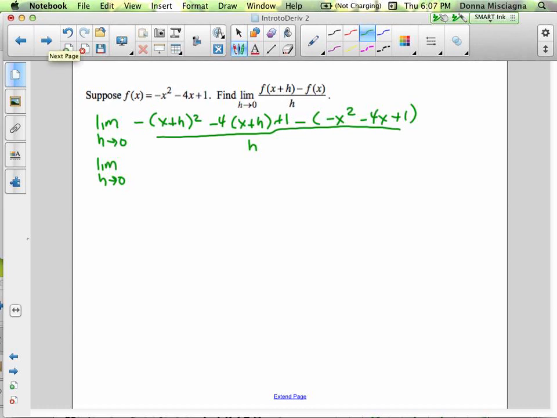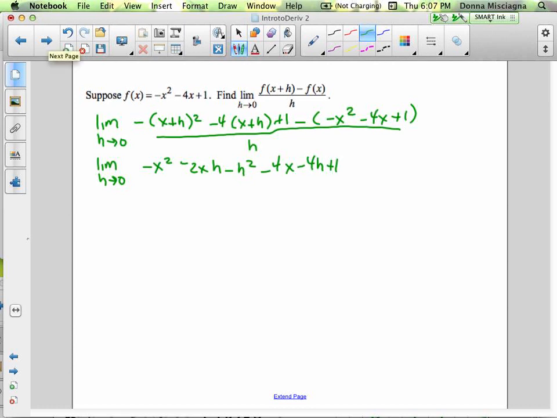All right, so x plus h squared is going to be x squared plus 2xh plus h squared, and then we just make everything the opposite because we have to distribute a negative sign. So this would be negative x squared minus 2xh minus h squared, and then distribute the negative 4: minus 4x minus 4h plus 1, and then distribute the negative.